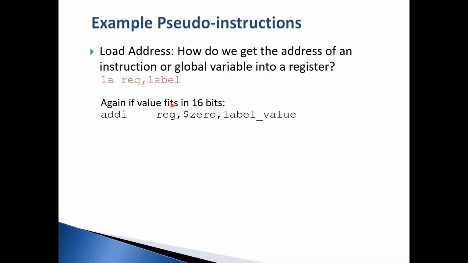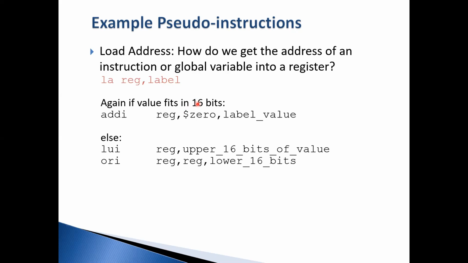Of course, if that label can fit into 16 bits, you can do it. But most of the time, the address is greater than 16 bits, so you will again need to use LUI. What you need to do is save the upper half of the address into the register, and then use ORI to save the lower half of the address into the same register.